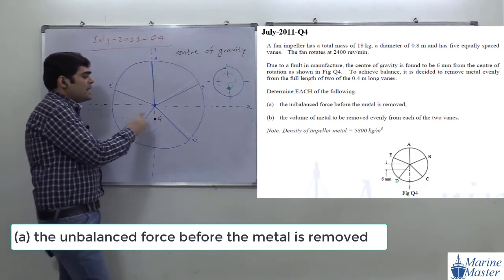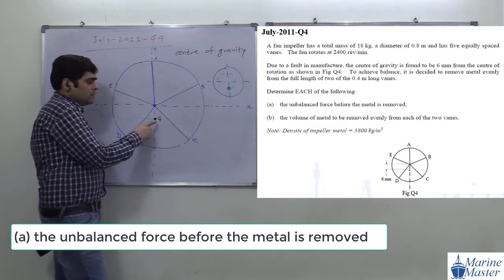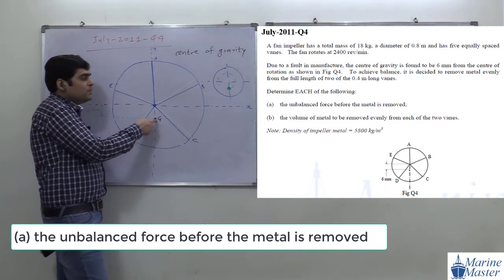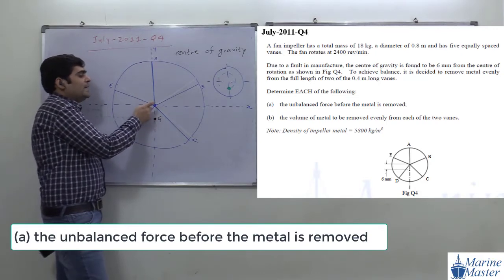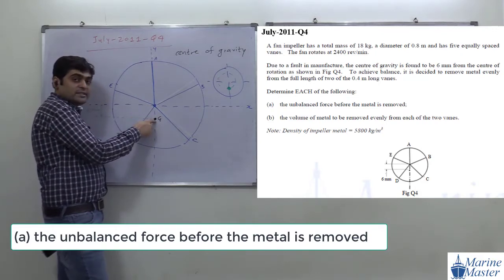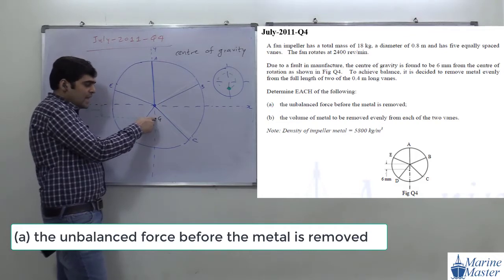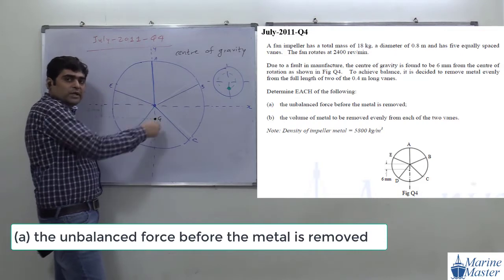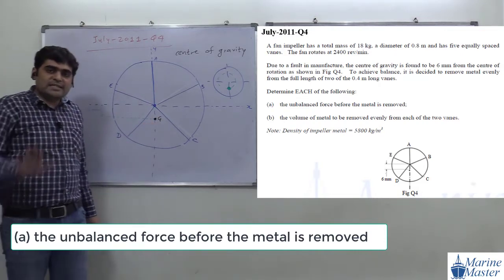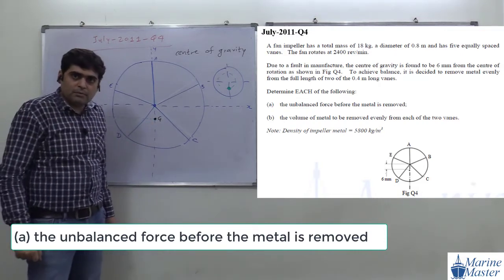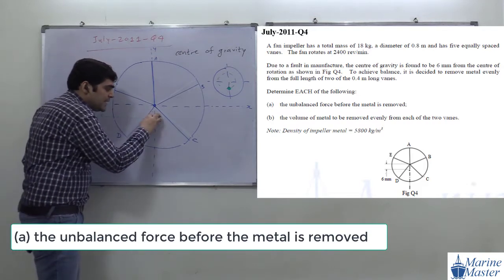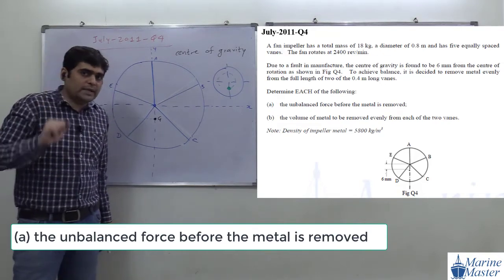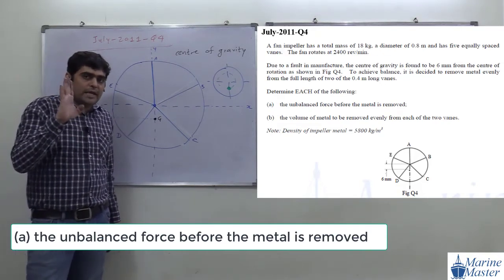But here, this 18 kg mass, instead of acting at the center of rotation, acts at the center of gravity point and rotates in a circle, so centrifugal force will be created. Okay guys, are you getting my point? Any doubt in this discussion?